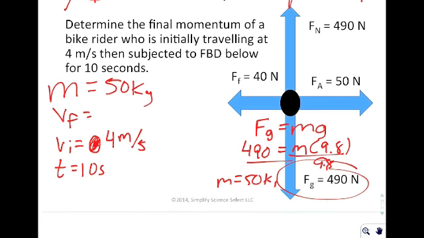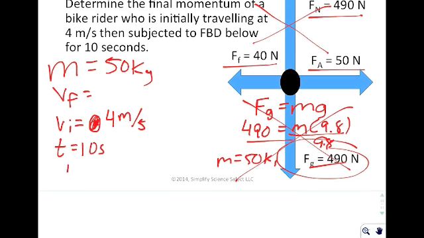Now I can only do that by using Newton's second law. If you look, I have to find the sum of the forces. The force down and the force up cancel each other out because 490 up, 490 down cancel. I've got 50 newtons to the right, 40 newtons to the left, which has a net force, or a sum of the forces, of 10 newtons. Remember, I still have a mass of 50.